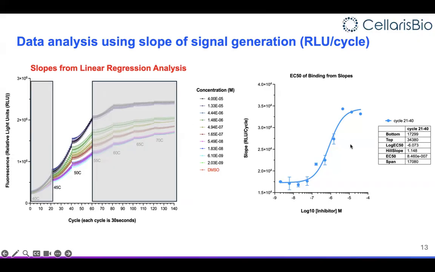And in this case, on the right-hand side, we're looking at cycles 21 to 40, which is actually the 45 degrees Celsius heating temperature. And we end up with an EC50 of binding of about 846 nanomolar for this particular compound with PLK1, looking at the slope of fluorescence generated per signal.